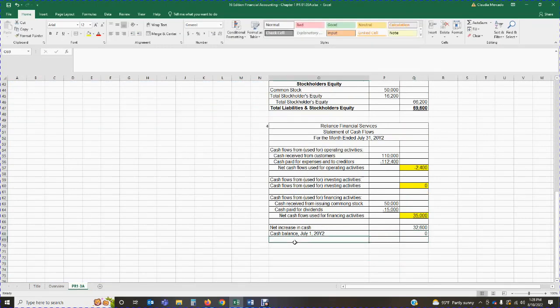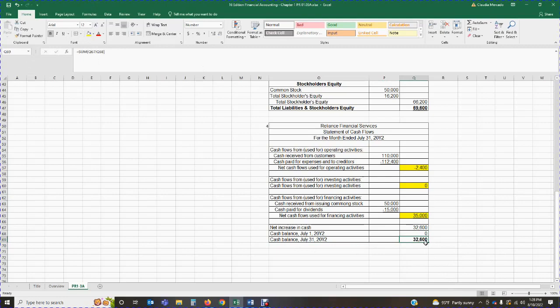Now let's figure out our cash balance at the end of the month. We're going to add our increase in cash plus our beginning balance, and that's going to give me a cash balance at the end of the month of $32,600.